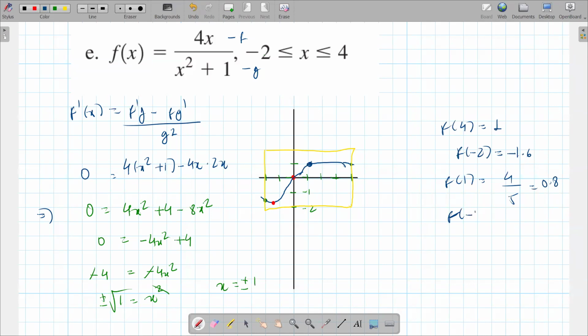And we're going to find f of -1, which will be -4 over 2, -2. So now we can draw precisely where everything is. At 4, it's close to 1, not exactly 1. At +1, it's 0.8.